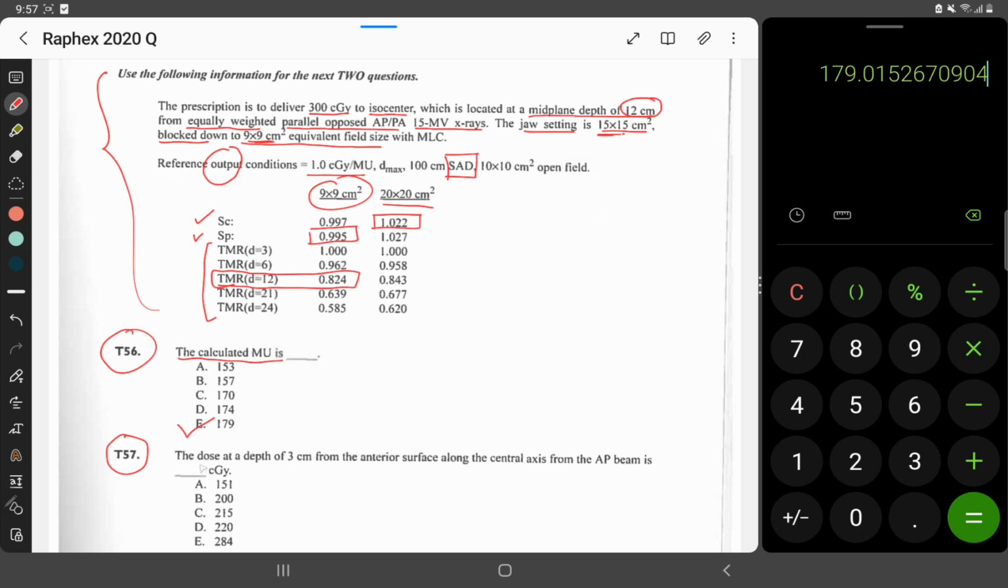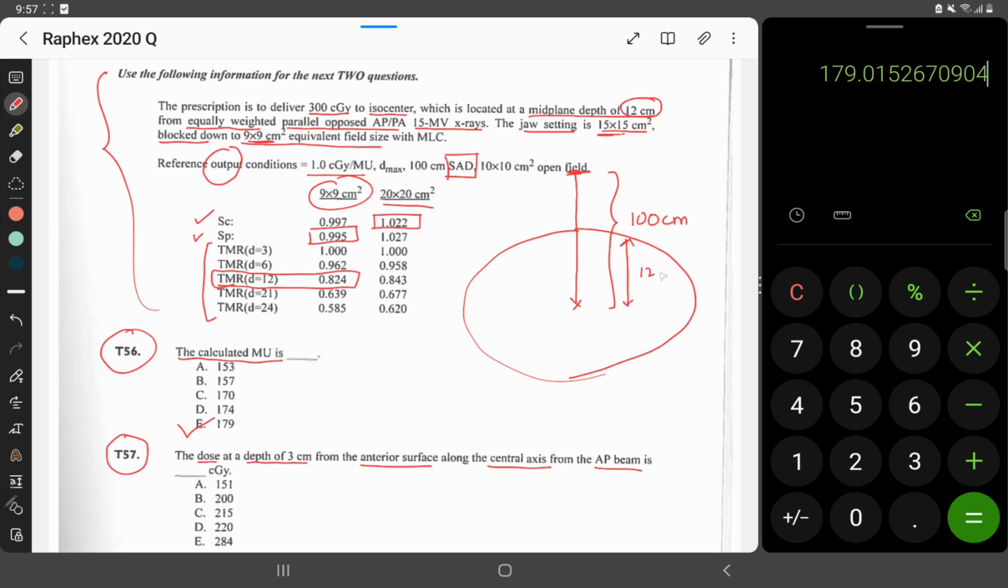In the second question, they ask: the dose at the depth of 3 centimeters from the anterior surface along the central axis from the AP beam is dash. What we know from the data given is that this is an SAD technique, so this distance is 100 centimeters, and the mid depth is 12 centimeters.